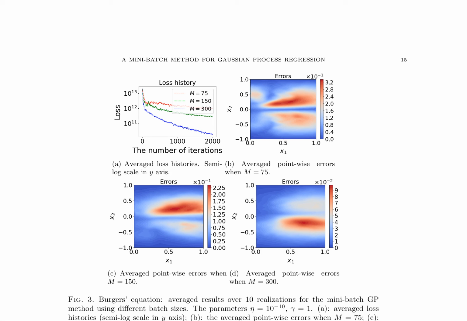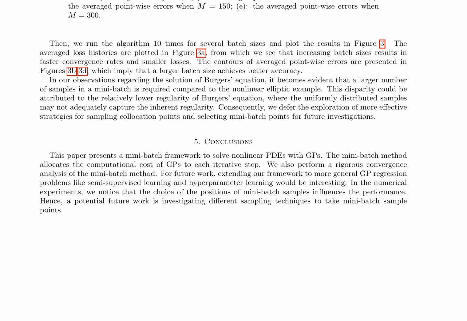The contours of averaged pointwise errors in Figures 3b-3d indicate that larger batch sizes achieve better accuracy, suggesting that a larger number of samples in a mini-batch is required for Berger's equation compared to the nonlinear elliptic example. This may be attributed to the lower regularity of Berger's equation, implying that uniformly distributed samples may not adequately capture the inherent regularity. This highlights the need for more effective strategies for sampling collocation points and selecting mini-batch points.